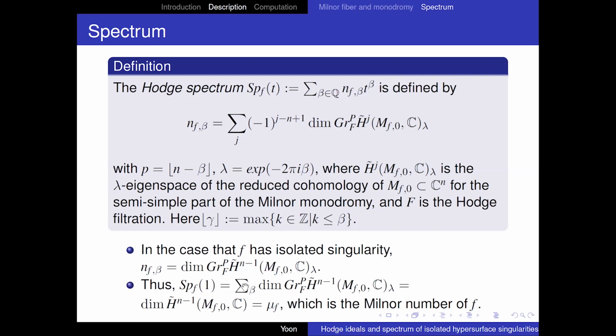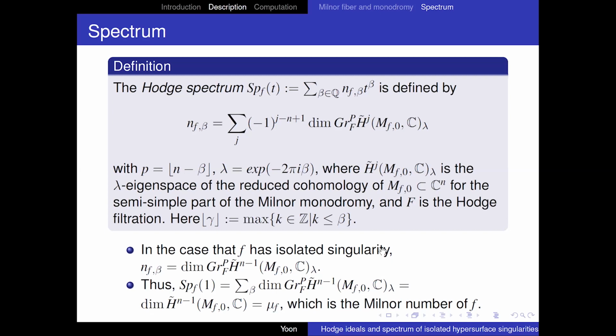In the isolated case it becomes like this: the summation of the dimensions of these graded pieces, summing all of these pieces, actually gives the dimension of the n-1 part of the homology. That is the Milnor number.